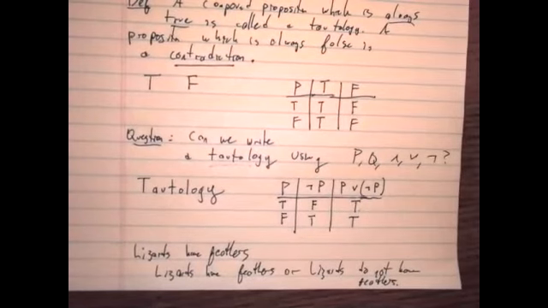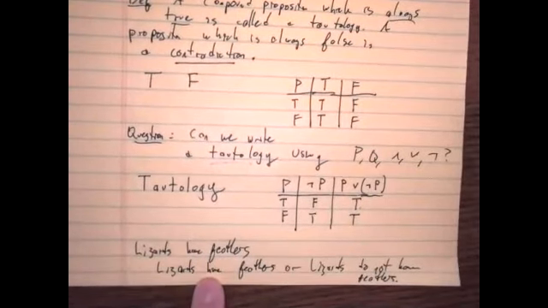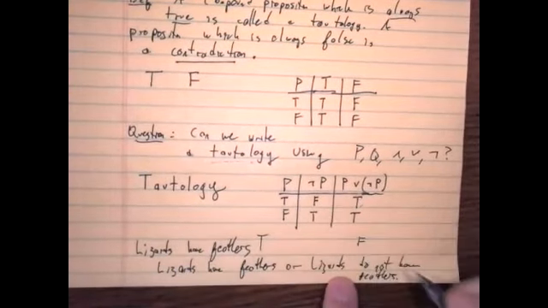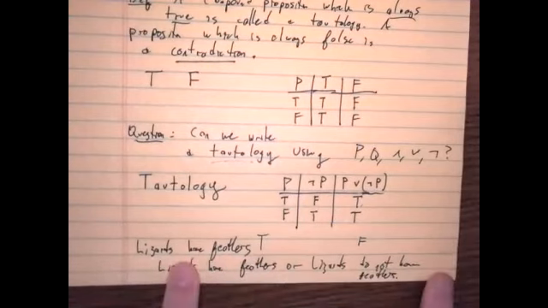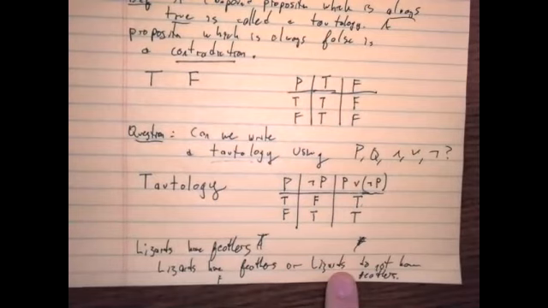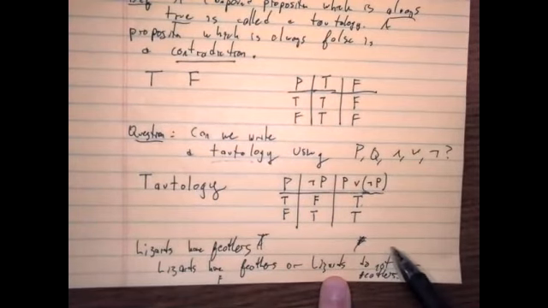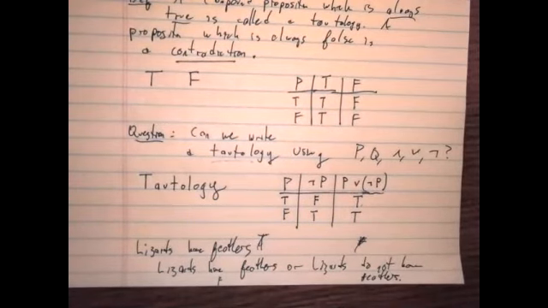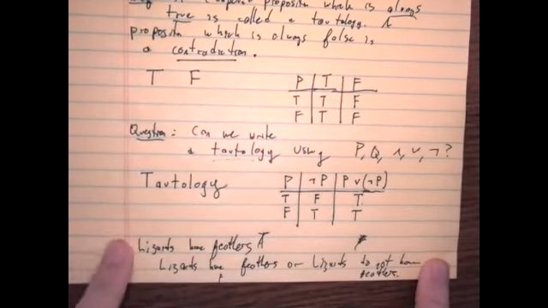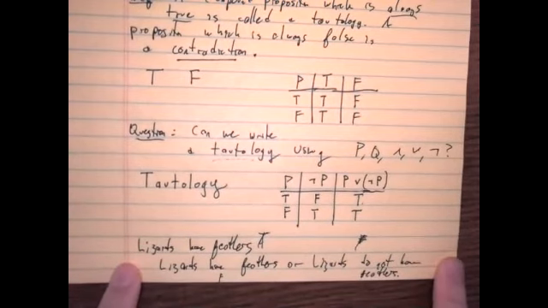This is always going to be true because either lizards do have feathers, in which case this is false, but since one of them is true, the whole statement is true, or lizards don't have feathers, but then the statement lizards do not have feathers would be true. So this construction, taking a proposition or its negation, will always be true. This is a way that you can build a tautology out of any proposition, P or not P.